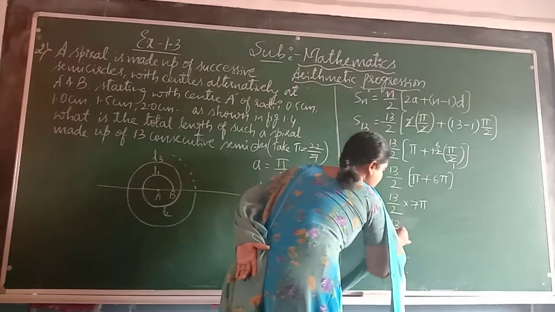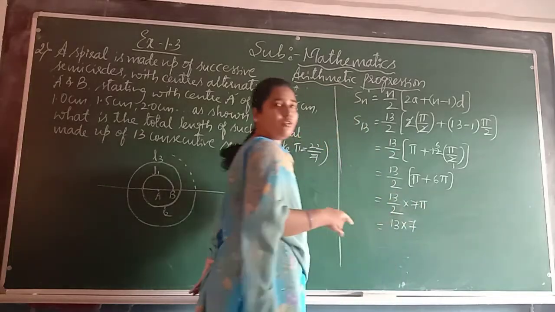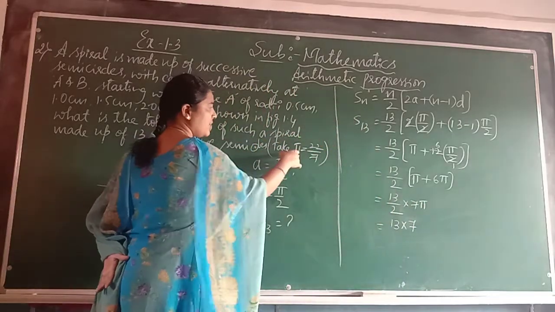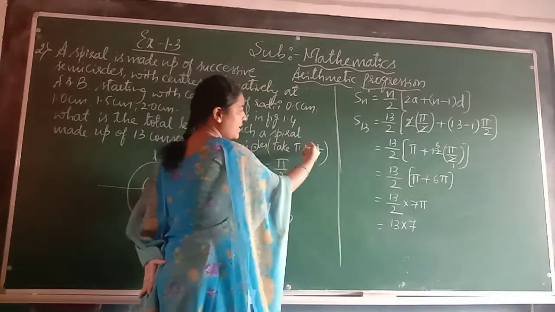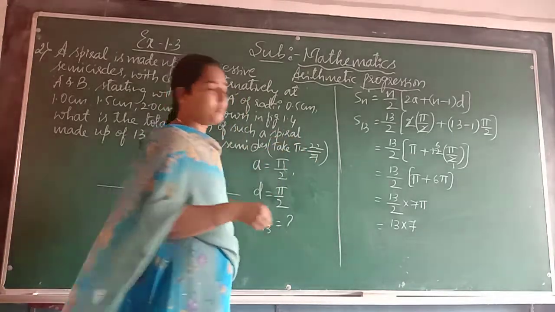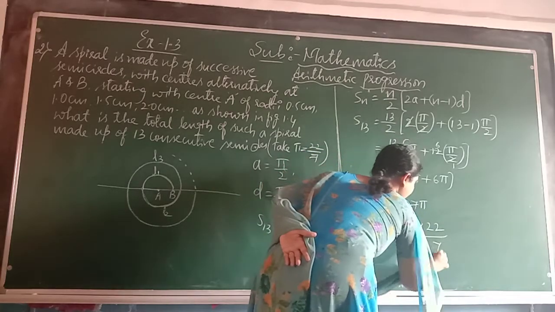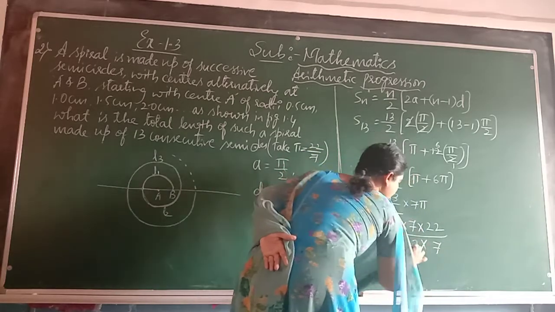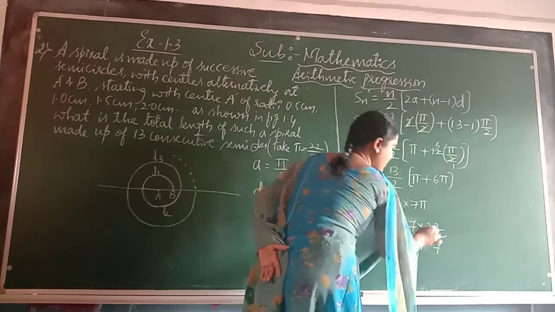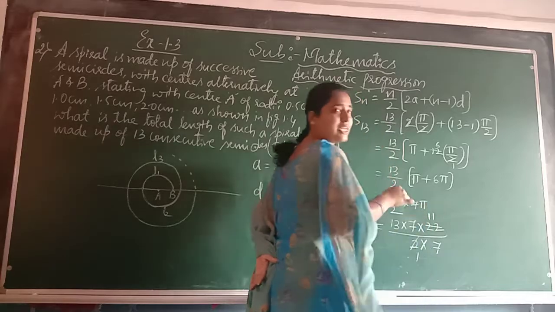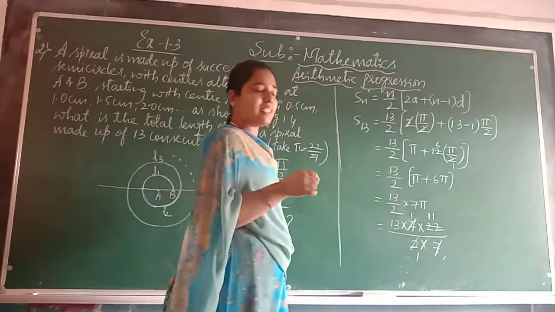Now this is equal to 13 into 7 into pi. The value of pi they only given. How much? Take pi equal to 22 by 7. In place of pi substitute 22 by 7. That is into 22 divided by 7 into 2. Now cancel it. The 2s get cancelled. The 7s get cancelled.